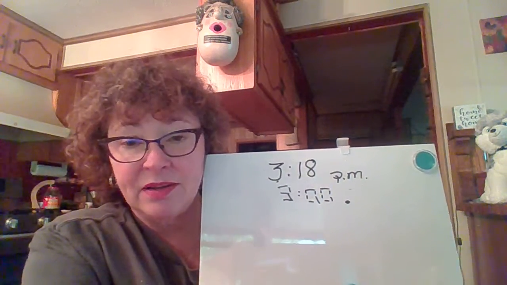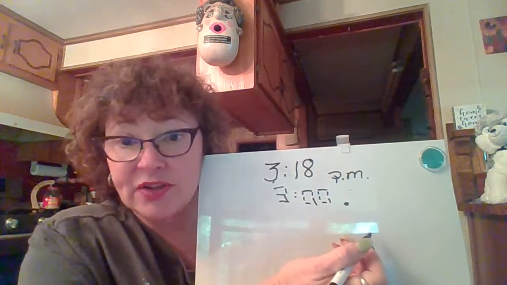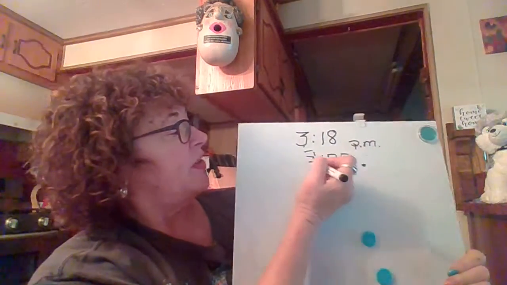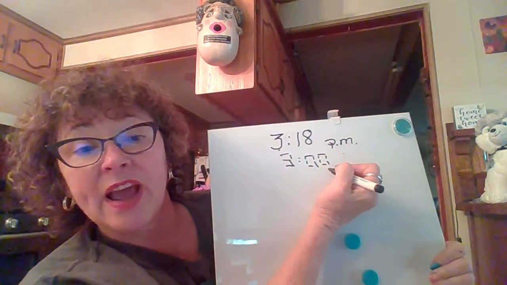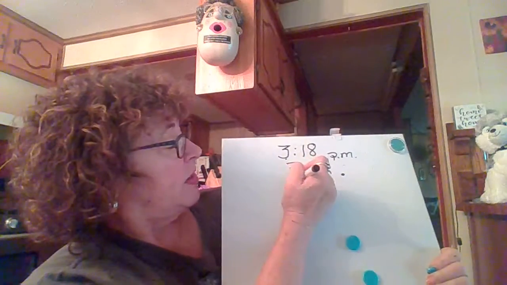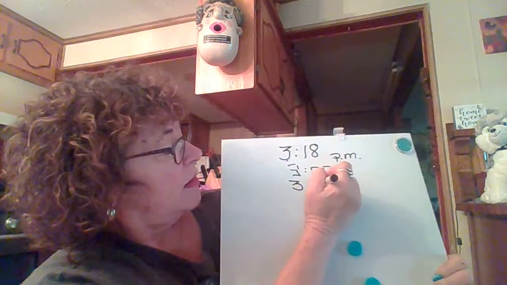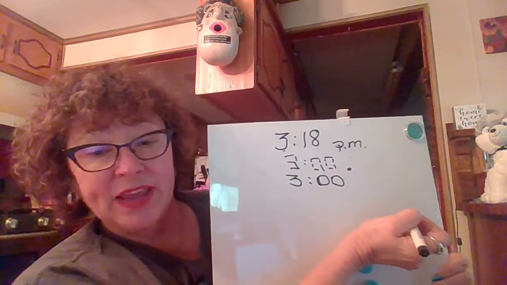Okay? So those are what the digital clocks look like that we've talked about before. I'm just going to show you. This is how you write the time when it's the top of the hour. If it was an analog clock, you would write the time like that.